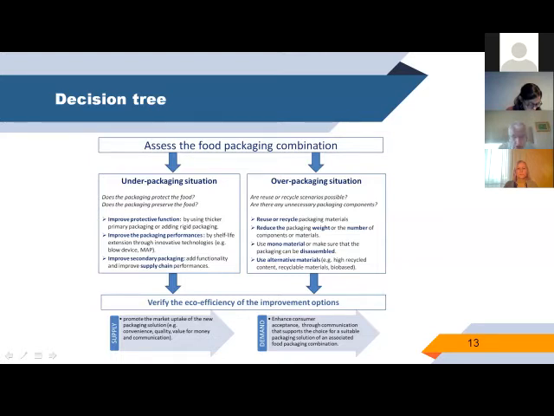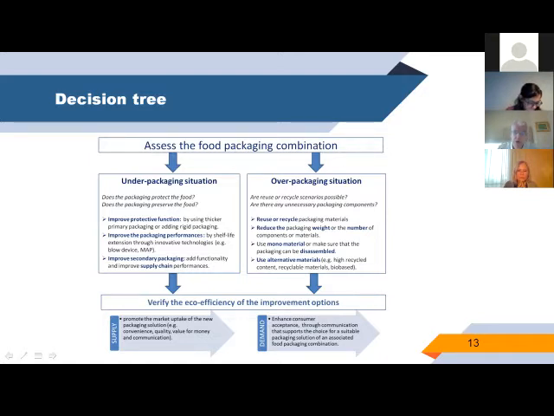Therefore, in the project, we proposed an eco-design decision tree. With this decision tree, we try to guide present food packaging situations towards more sustainable, fit-for-purpose solutions. The eco-design decision tree consists of the following steps.